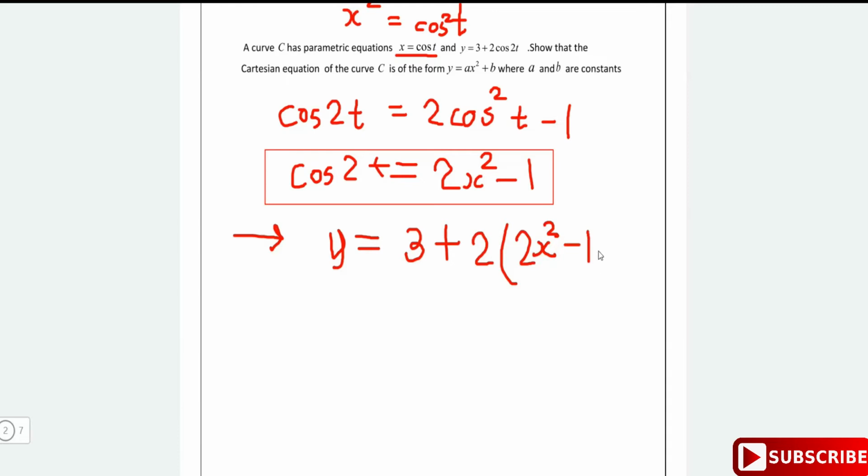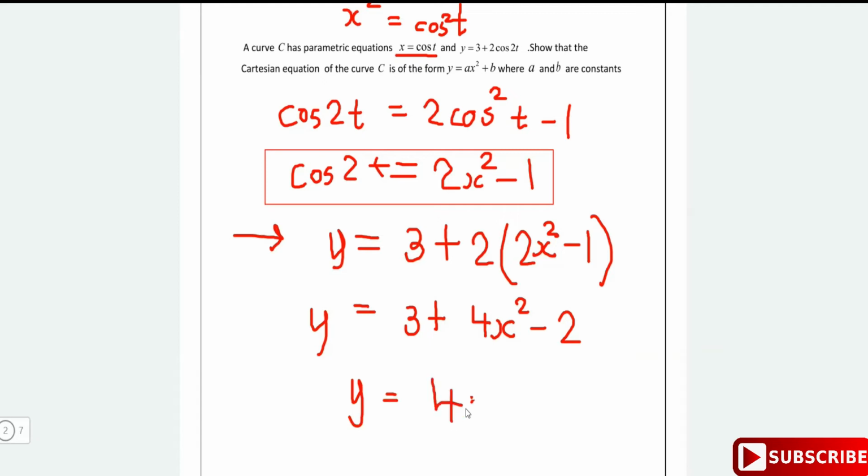If you expand this bracket and simplify, we get 3 plus 2 times 2, which is 4, so 3 plus 4x squared minus 2, and that is y. So y is equal to 4x squared, and then your 3 and your negative 2, positive 3 minus 2, leaves plus 1.